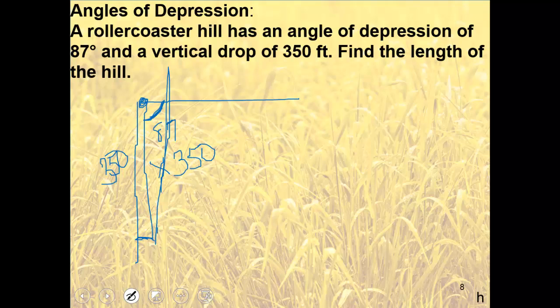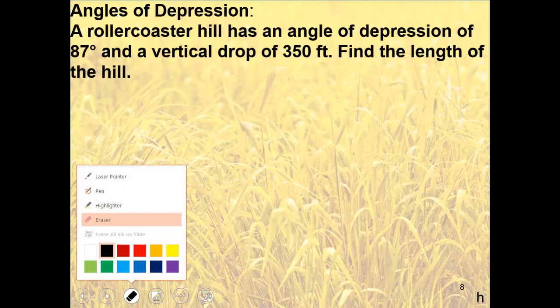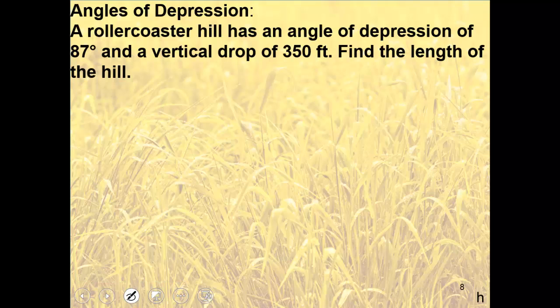I'm going to start over and draw this different because I just think that that's so messy. I have this roller coaster coming up and dropping, right? And then my angle of depression, here's my line of sight. My angle of depression is 87 degrees.